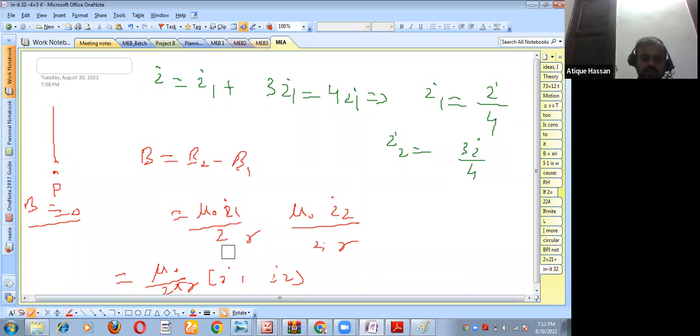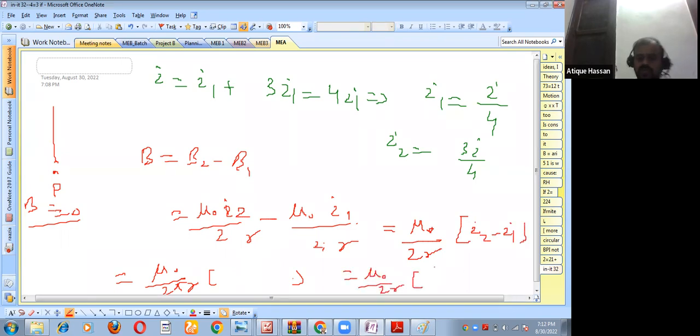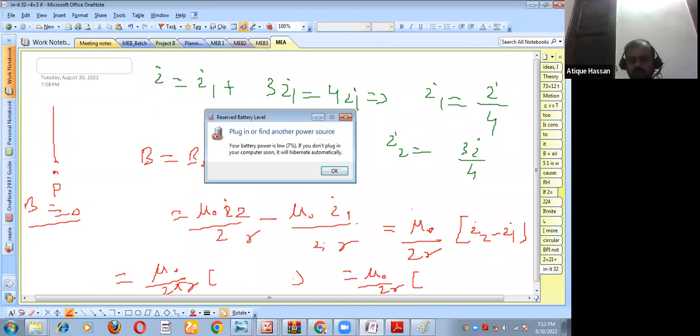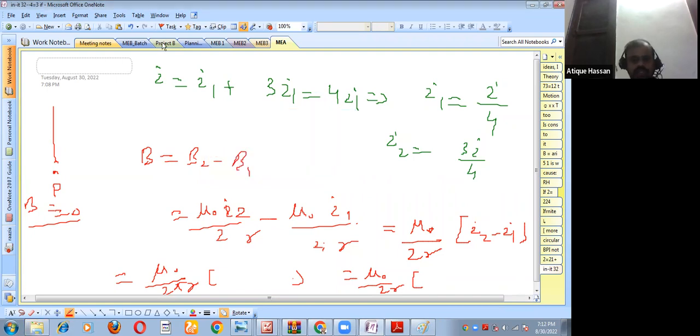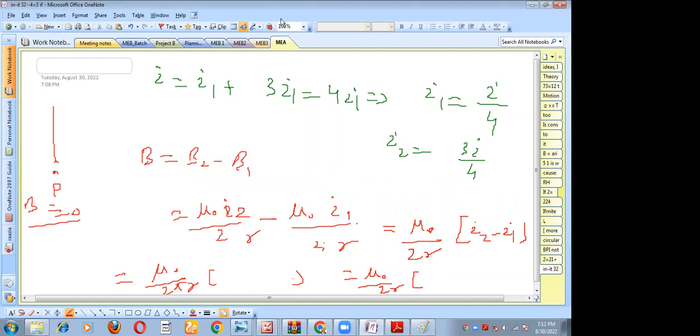So we will get mu naught by 2R times I2 minus I1.